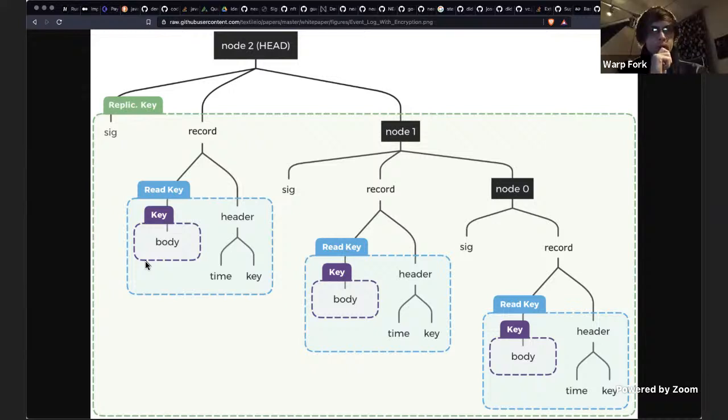So what happens if some of the content inside of that body area, which is encrypted to this key, the purple dotted line here, is big, like multiple blocks, more than a megabyte, or some connected structure? We have users doing both things.